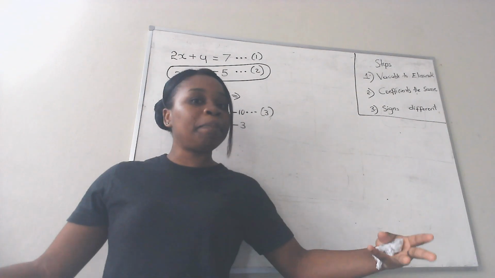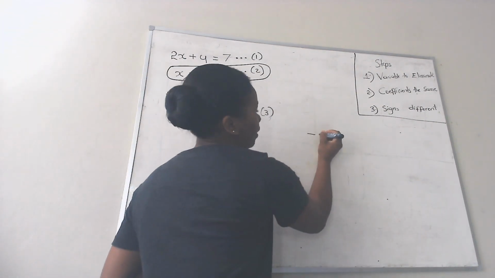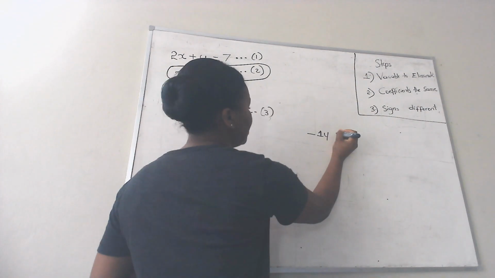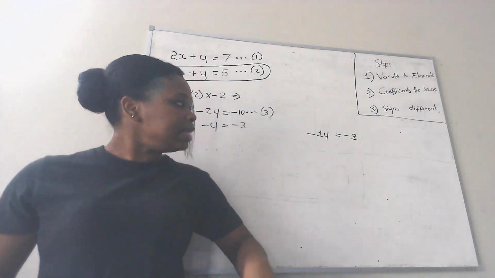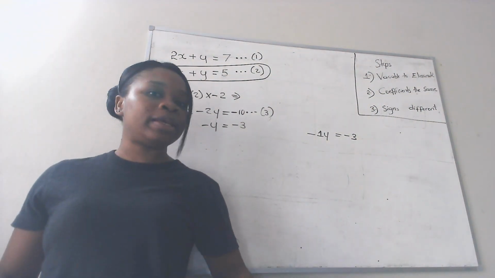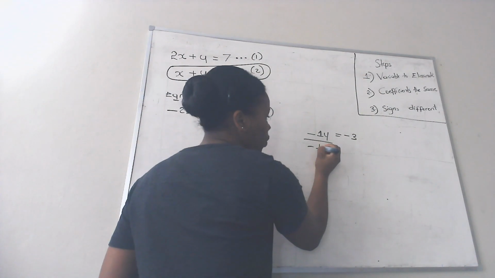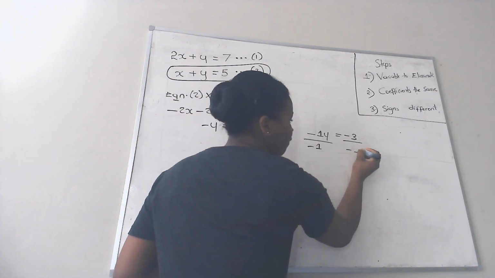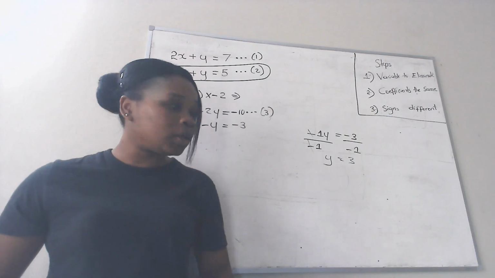It must be positive. So this that I have here is the same as minus 1y is equal to minus 3. Okay? So I need to make it positive. What I could do is I could divide both sides by minus 1. So if I divide both sides by minus 1, so I have y is equal to 3.